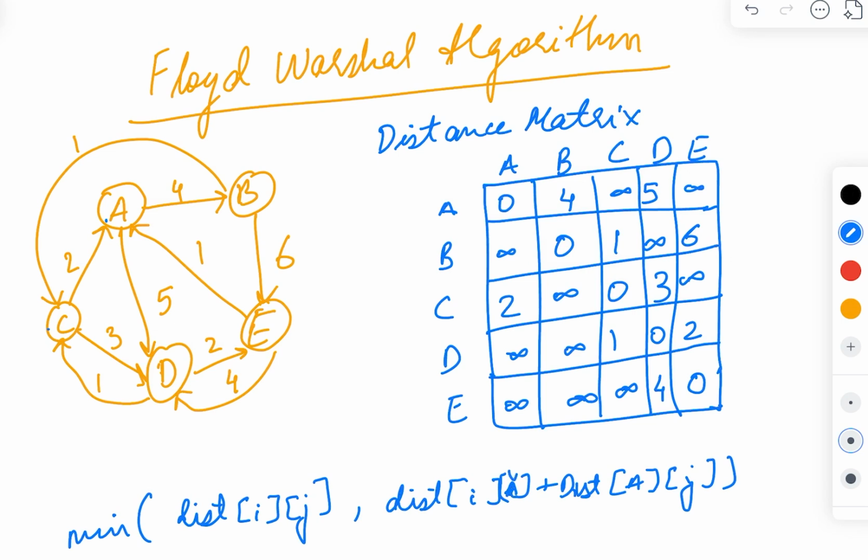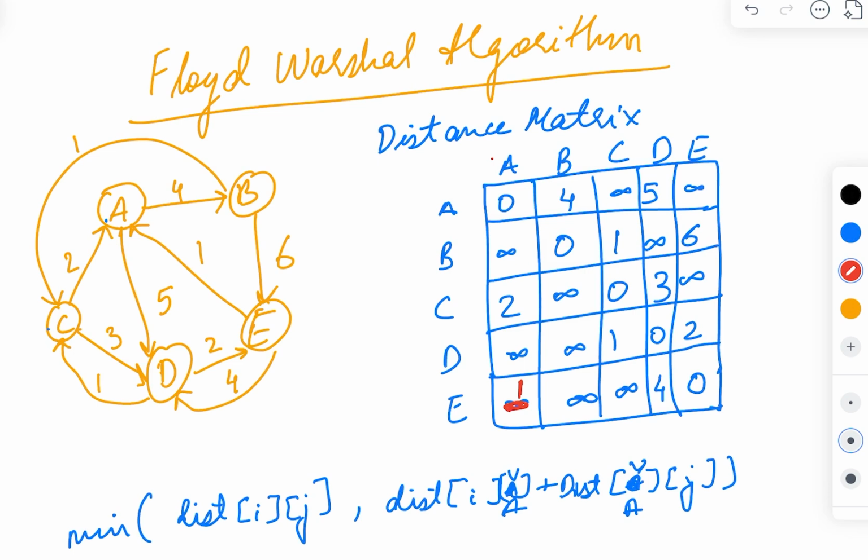In our general sense this was written with V. Right now it is A because we are starting right there. Let's apply the formula. So we get an update here to 1, and everything else remains the same.